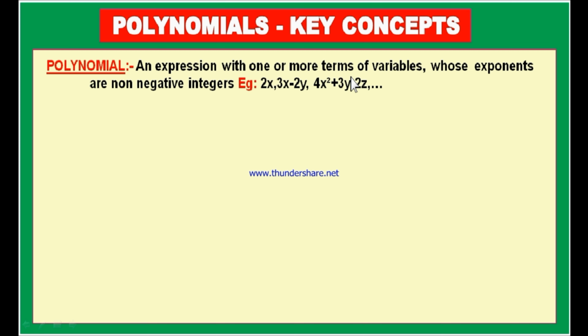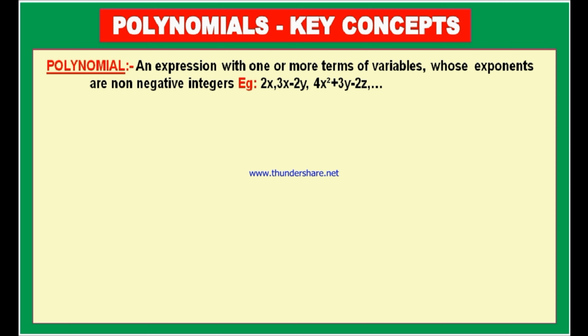What is the exponent of y? Y power 1 means it is again a non-negative integer. Minus 2z means minus 2z power 1. Again it is a non-negative integer. All these are examples of polynomials. Why? Because all these three have either one term or more than one term, and they have variables and the exponents of the variables are non-negative integers.